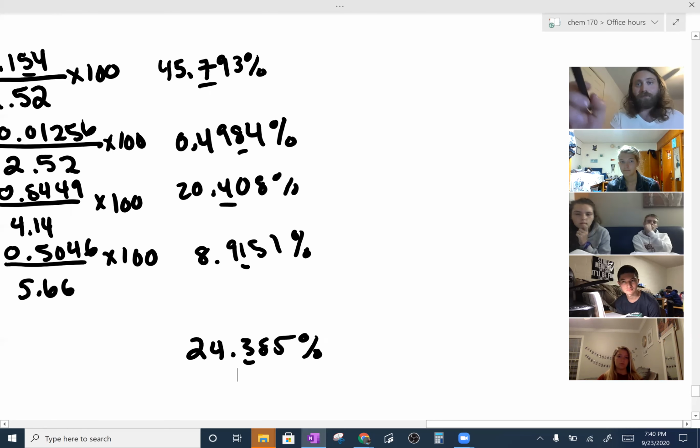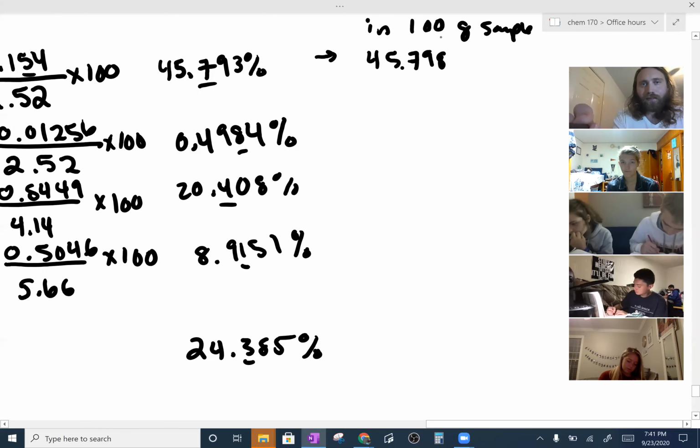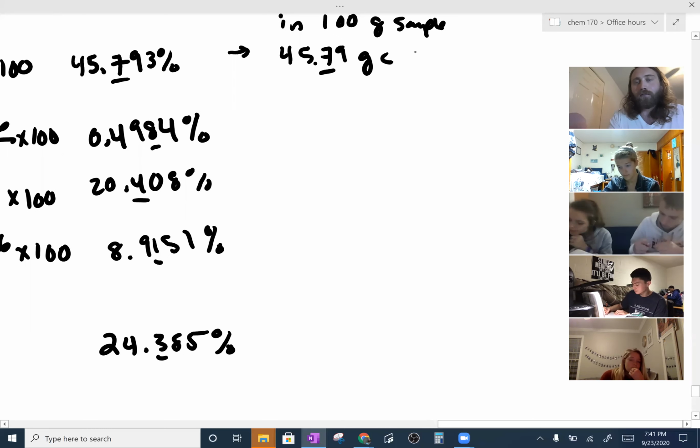If we have a 100-gram sample, that means that in a 100-gram sample we have 45.79 grams of carbon, and I can convert that into moles of carbon using its molar mass.